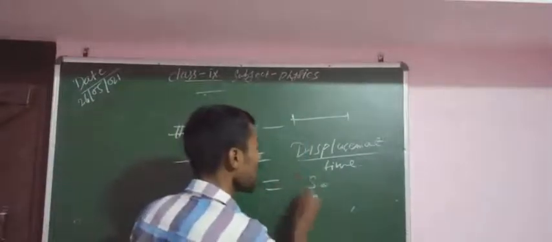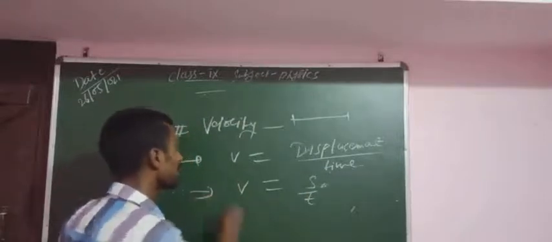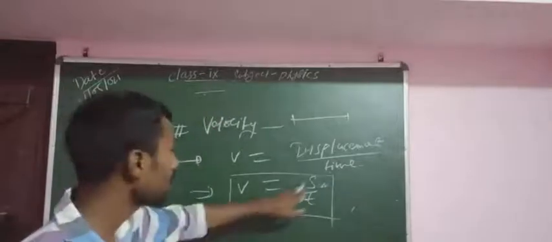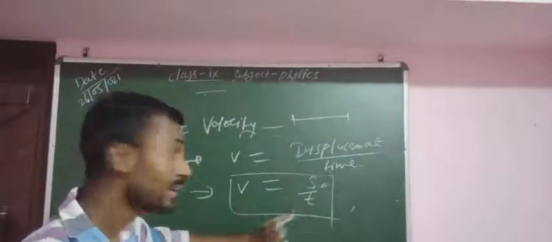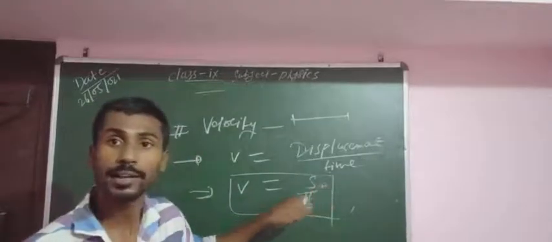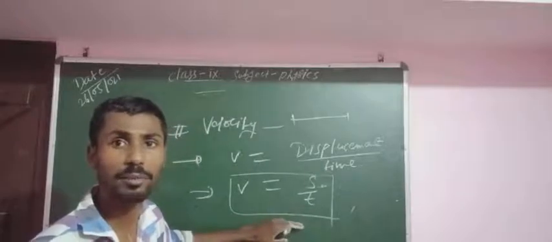Displacement is denoted by s and time is denoted by t. So mathematically, velocity will be equal to s by t. That means displacement by time is the mathematical formula for velocity.